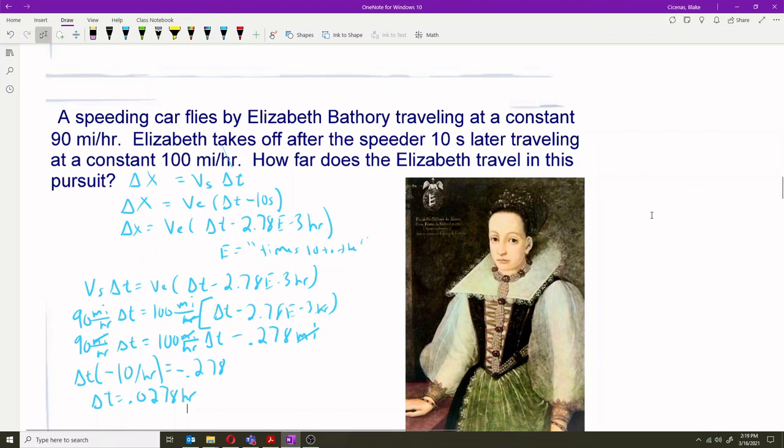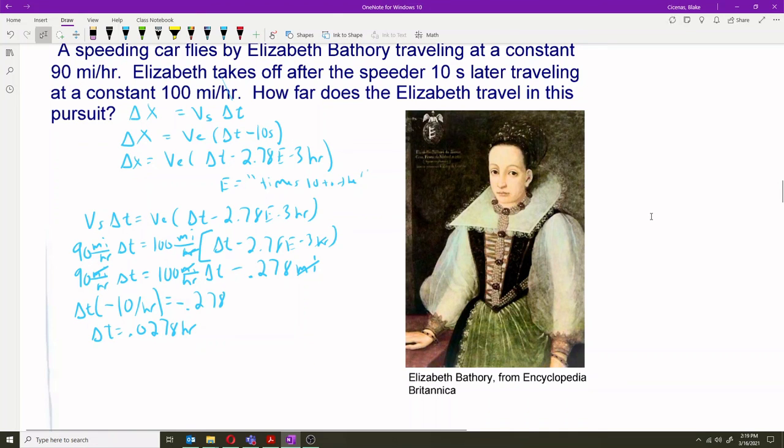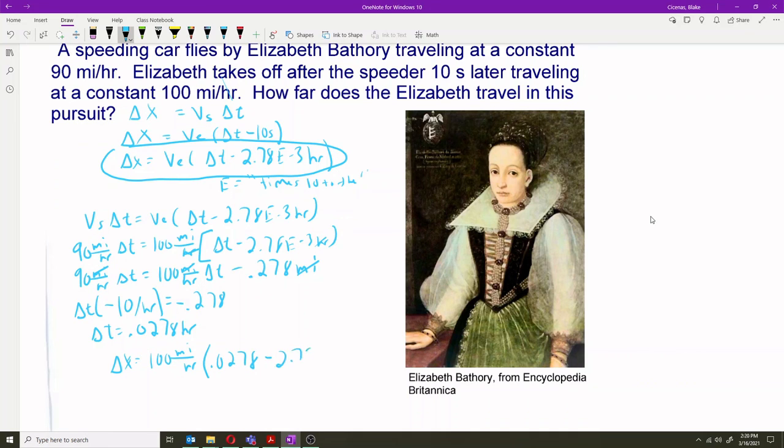And so we want to know how far Elizabeth travels during this. It's specifically asking for Elizabeth, so I'm going to use Elizabeth's equation, which is right here. Really I could use either one, but since it asks for Elizabeth, I'm going to use that one. So delta x is going to be 100 miles an hour times 0.0278 minus 2.78 times 10 to the negative third.